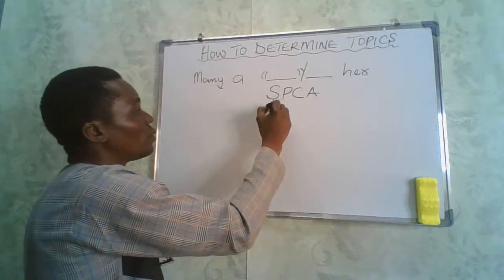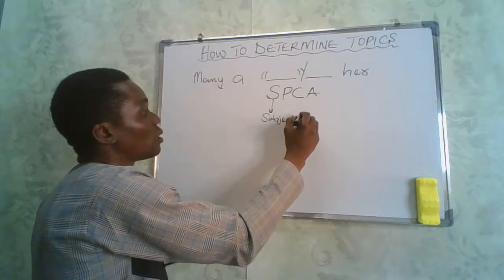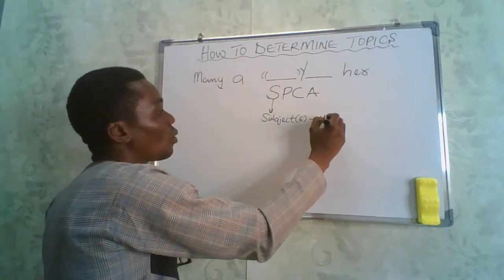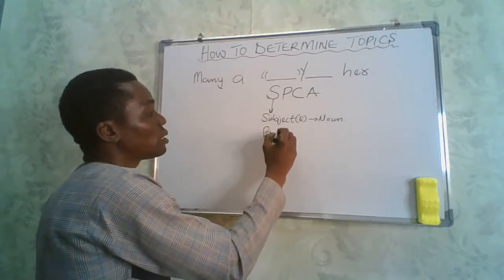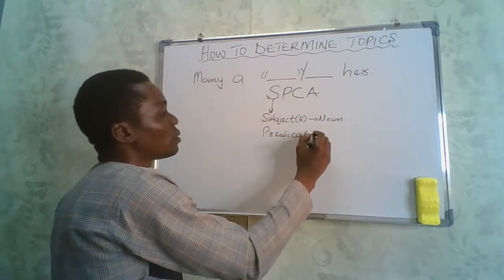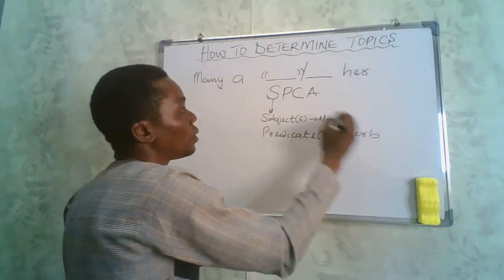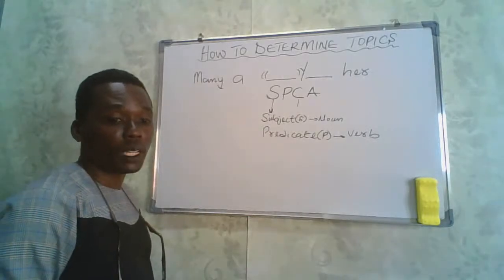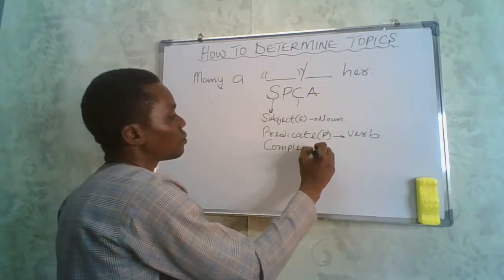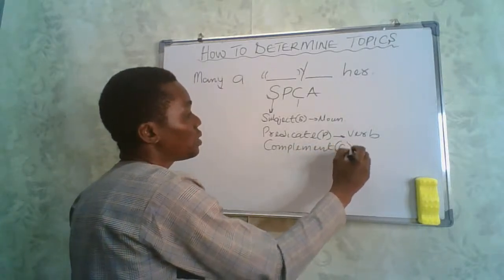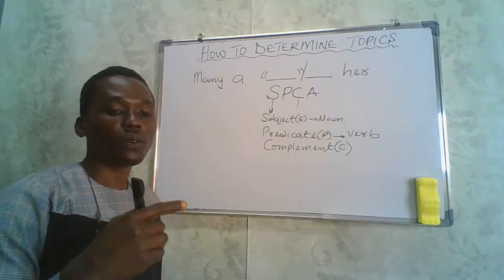S stands for the subject, which can be a noun or pronoun. P stands for the predicate, which is the verb. C stands for the complement, which is the receiver of the action from the verb.